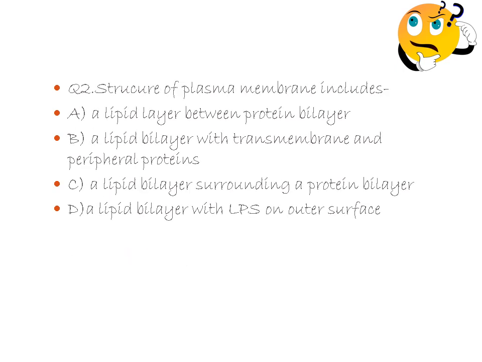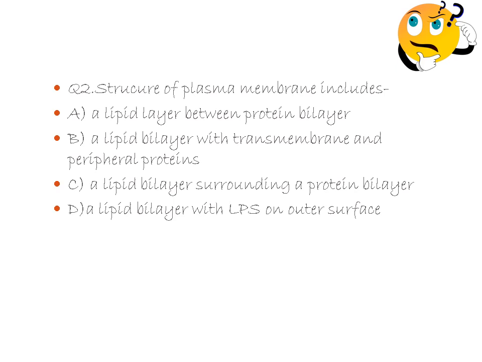Now coming to the second question. The structure of plasma membrane includes: A, a single lipid layer between a protein bilayer; B, a lipid bilayer with transmembrane and peripheral proteins. So they are saying that there is a bilayer of lipid along with transmembrane and peripheral proteins. C option is a lipid bilayer surrounding a protein bilayer.